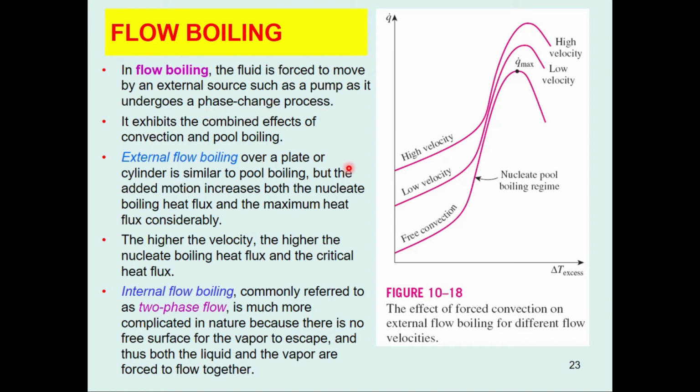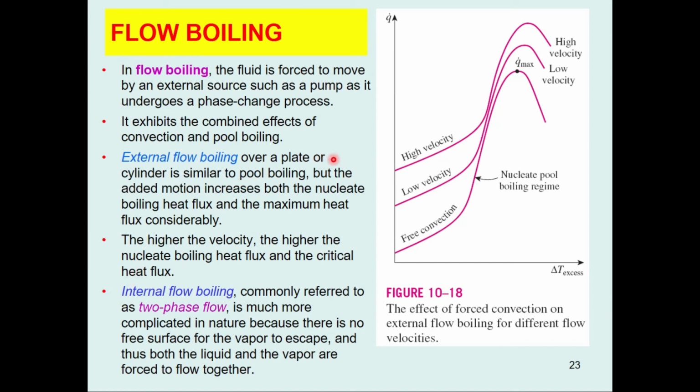So it is the combined effect of convection as well as the pool boiling that we have studied earlier. Flow boiling has been further classified into two subcategories. The first is known as external flow boiling, and the second is known as internal flow boiling.